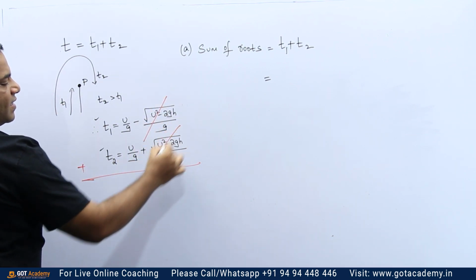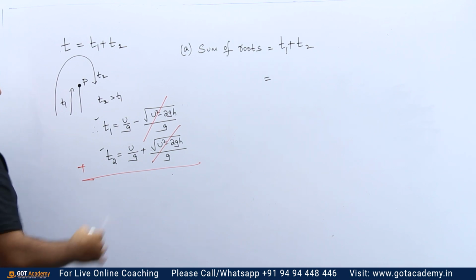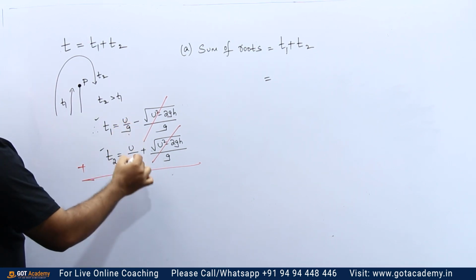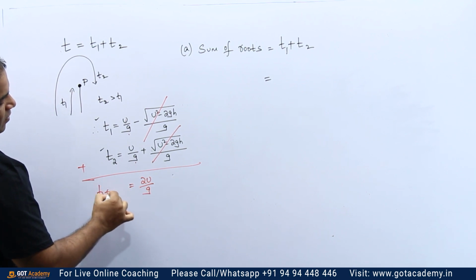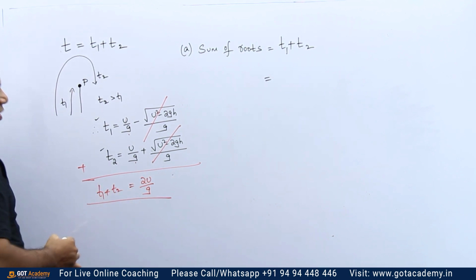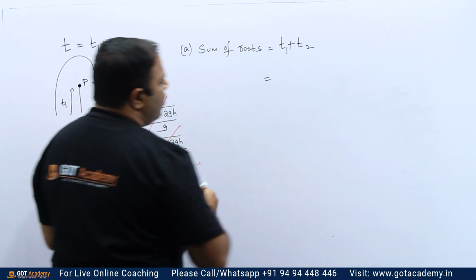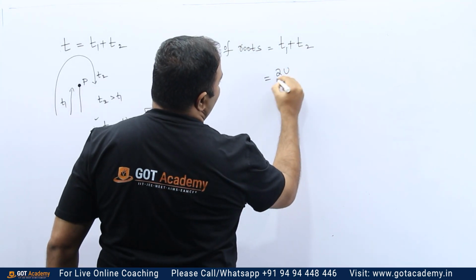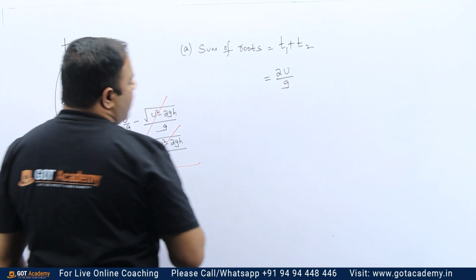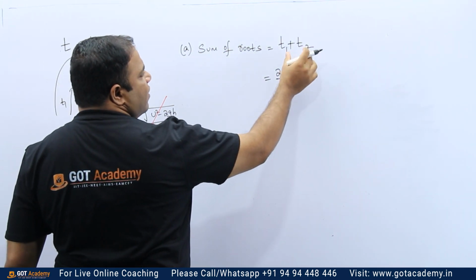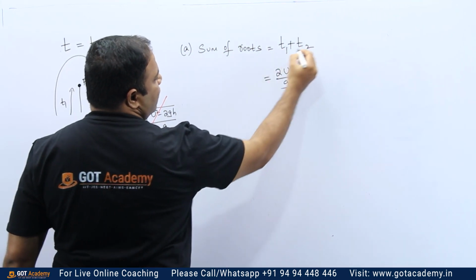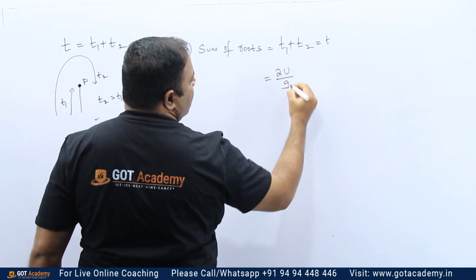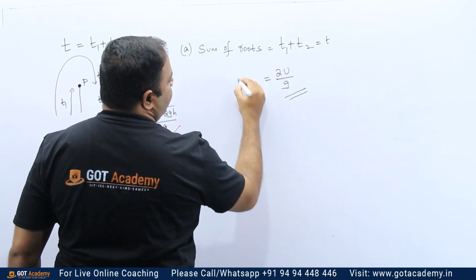This minus part and this plus part will be cancelled. So here u by g and u by g, only two are left. So the answer will be 2 times u by g. Okay. So the sum of the roots t1 plus t2 is equal to 2u by g. I told you clearly that this t1 plus t2 is nothing but t. So this is the answer.